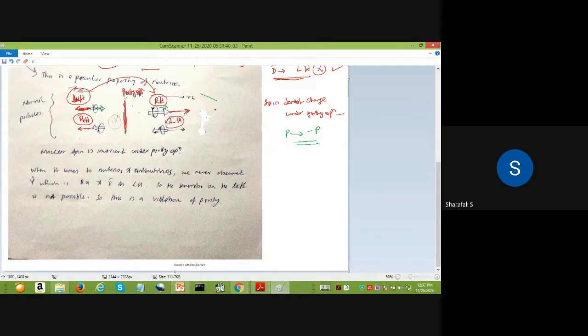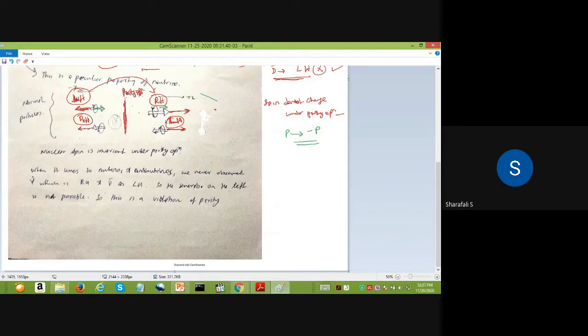We can see that spin will not change, spin direction is the same, but the momentum direction is going to change. That will give you a left-handed particle. So a right-handed particle is converted into a left-handed particle, and a left-handed particle is converted into a right-handed particle by the action of the parity operation.